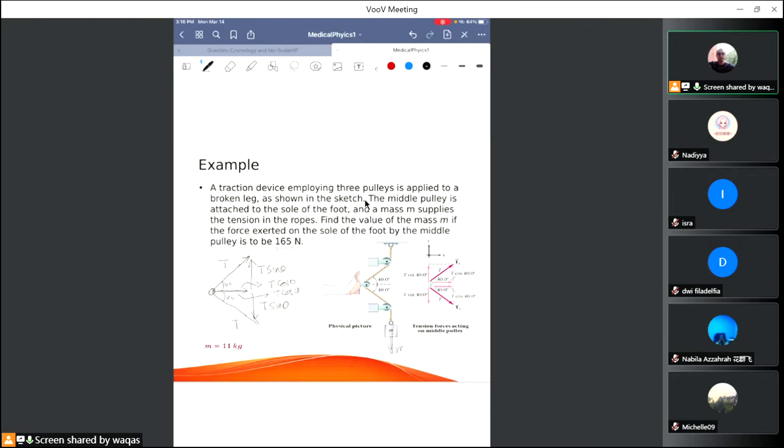But the vertical components, T sine theta and T sine theta, are equal, so they cancel each other. If you look at the vertical Fy, you can see T sine theta minus T sine theta, so the net vertical component force is 0. Okay, understand?